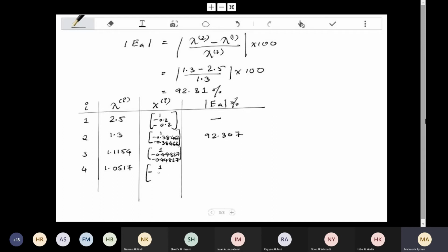So we have here minus 0.47541 and minus 0.47541. And for this one, we got the error as 16.552, and here 6.0529.